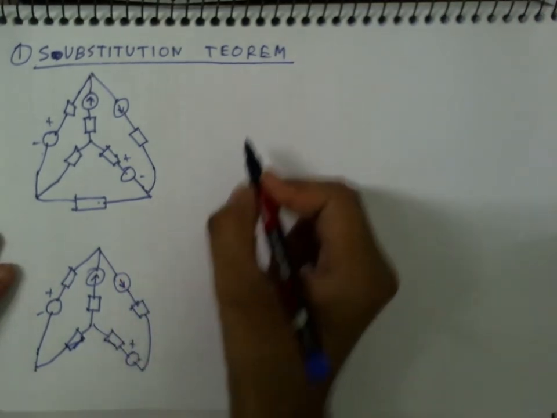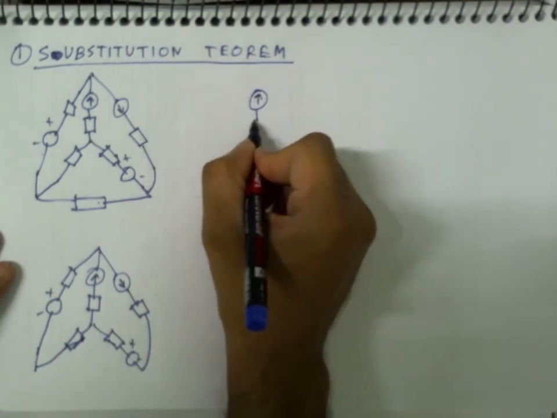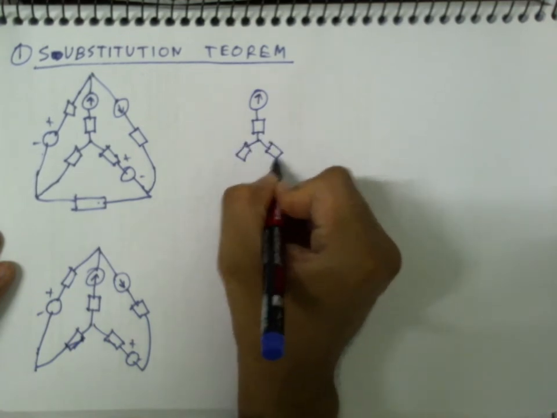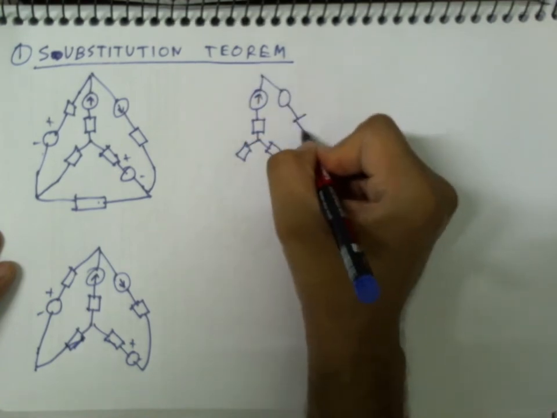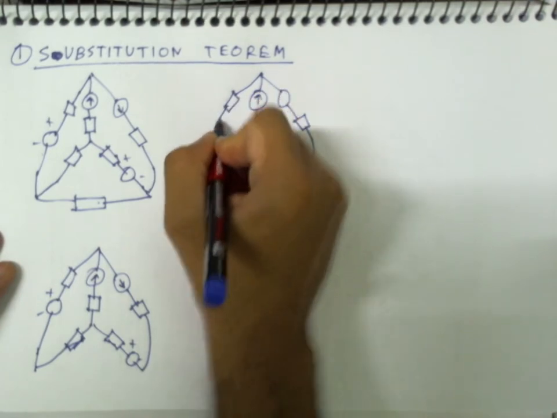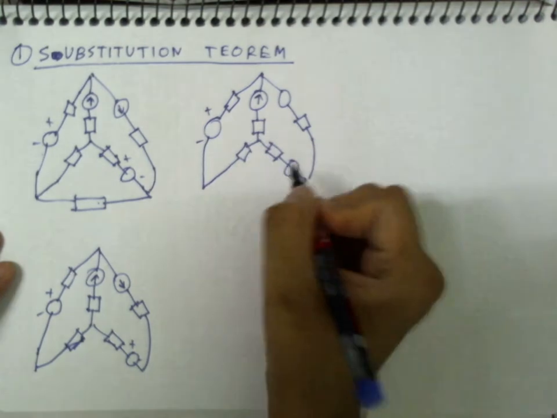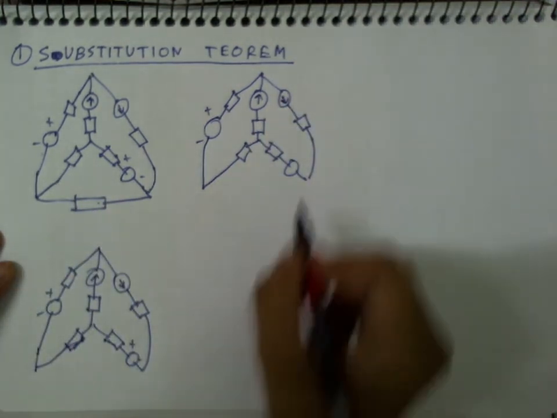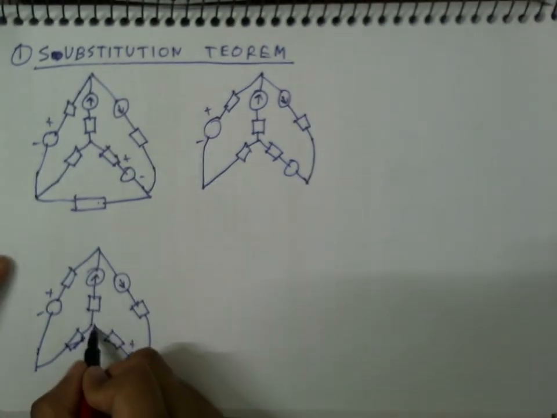I'll do something funny, and let me draw it once again. I'm trying to draw it as quick as possible. Okay, so that's the same circuit, but once again I haven't drawn this particular branch.